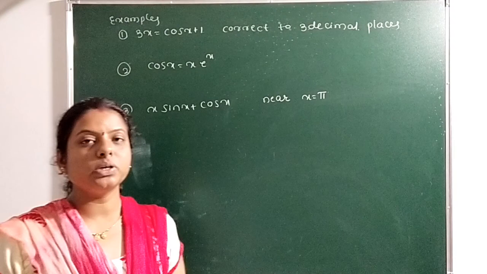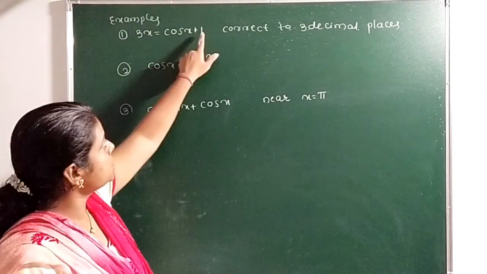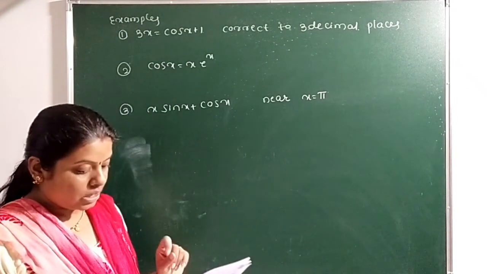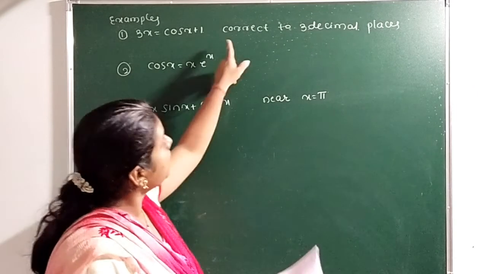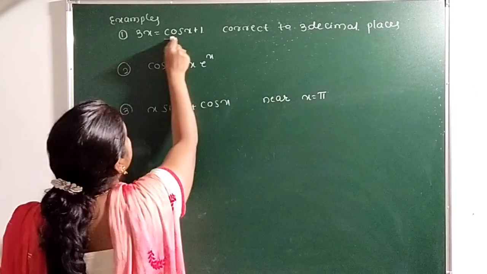These are some more examples on the Newton-Raphson method. See, first one, 3x is equal to cos x plus 1. Apply Newton-Raphson method to find the real root correct to 3 decimal places.